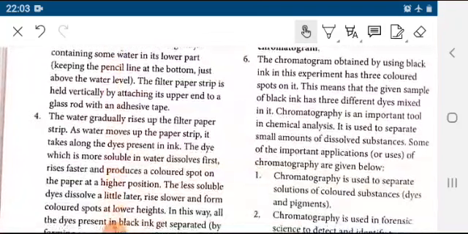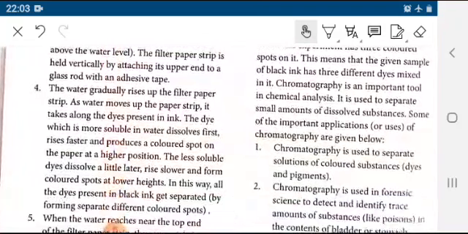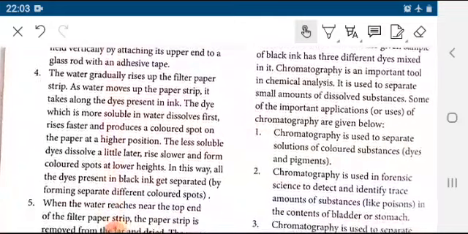Okay. In the fourth point, you can see that the water gradually rises up the filter paper. As water moves up the paper strip, it takes along the dye present in ink. The dye, which is more soluble in water, dissolve first and rises faster and produces a colored spot on the paper at a higher position.